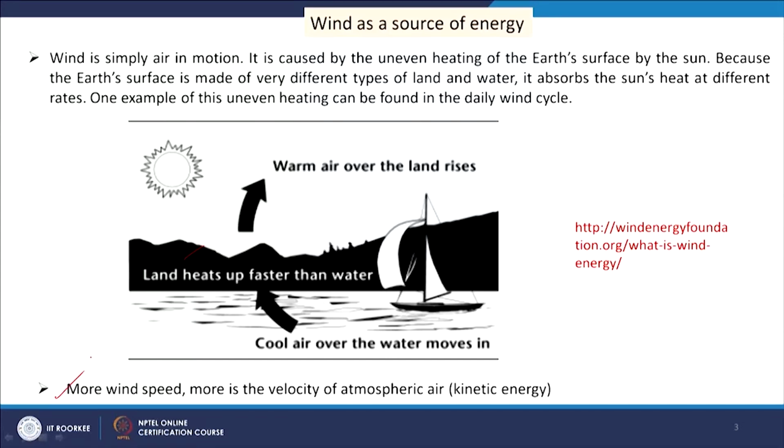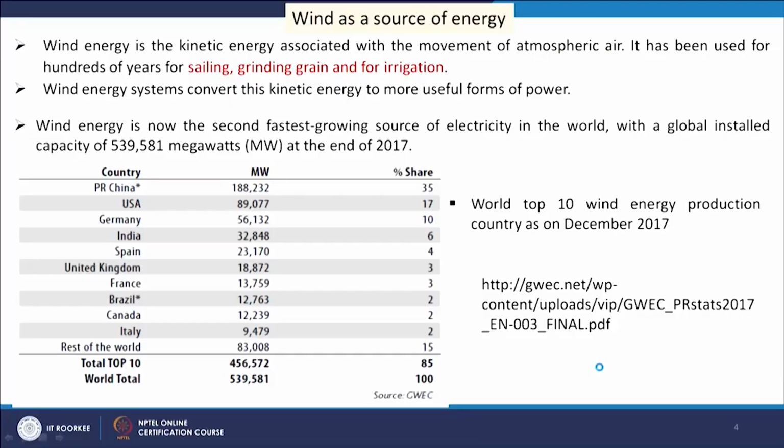Once we want to get electrical or mechanical energy from the wind, we need good wind velocity, and the more the wind speed, the more the velocity of atmospheric air, and the more the kinetic energy.